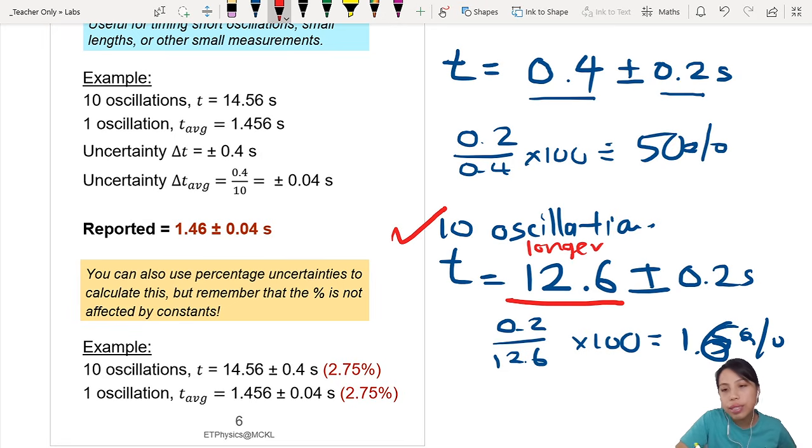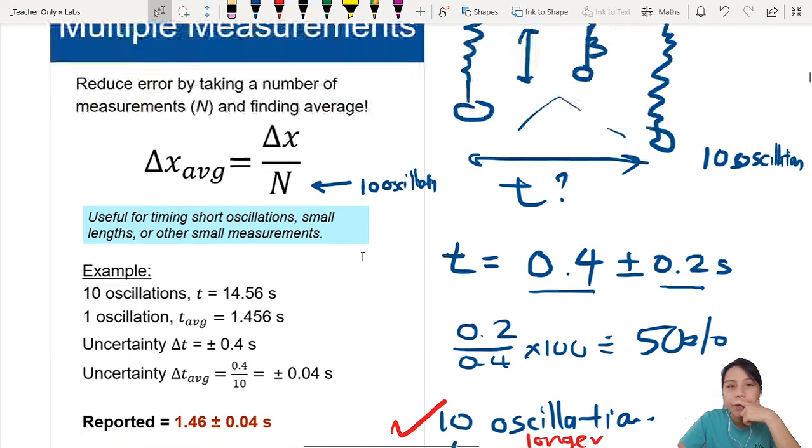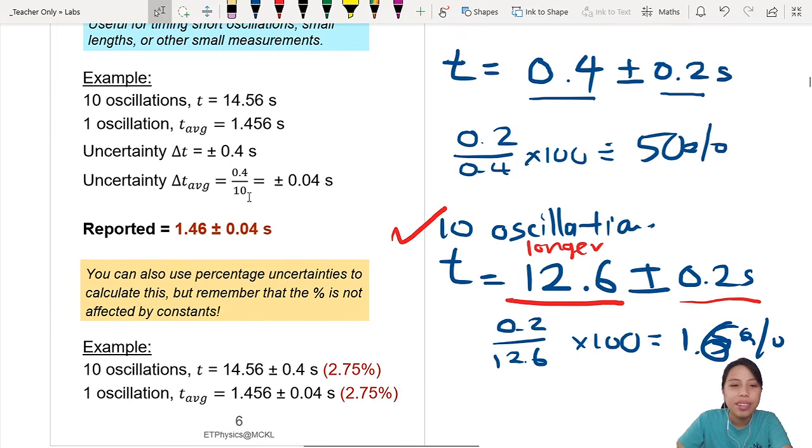Then your uncertainty is still the same small one, but your percentage uncertainty will be much smaller. So whenever you see experiments with time and oscillation, repeating one, do more oscillations, 10 times, 20 times, 50 times, within a reasonable range. That's how you can deal with timing, dividing by the number of oscillations, only for oscillations.